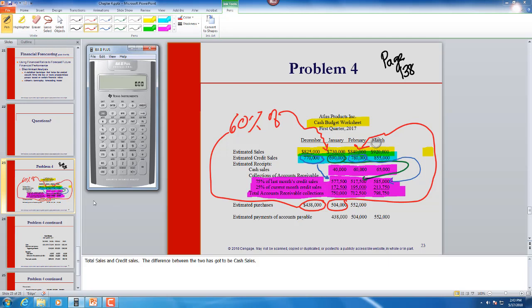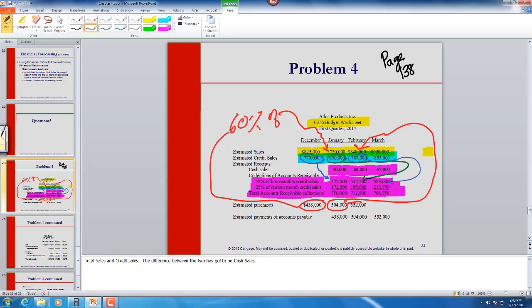Sales in February is not credit sales. Sales in February is 840,000 multiplied by 0.6. That's how much purchase in January, and so on. This goes here. So you now know, and you know that you get 1 month time to pay it off.